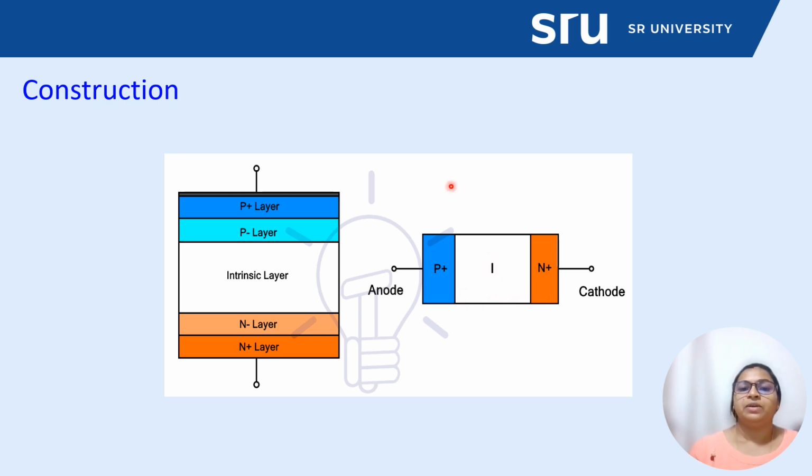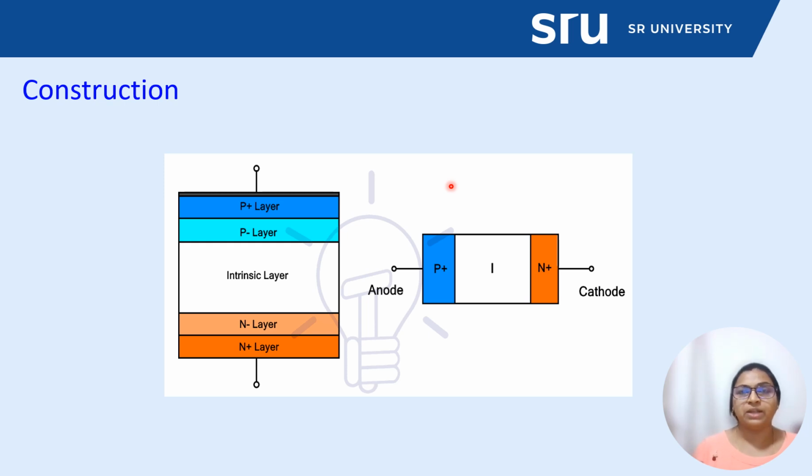So basically the PIN diode is constructed from three distinct semiconductor layers: P type, an intrinsic layer, and an N type. The intrinsic layer, as already mentioned, is basically made from silicon or germanium, and it is sandwiched between the P and N type.